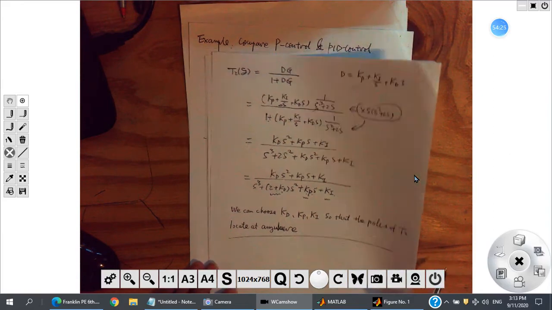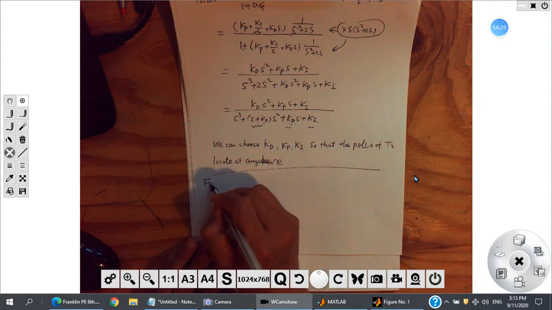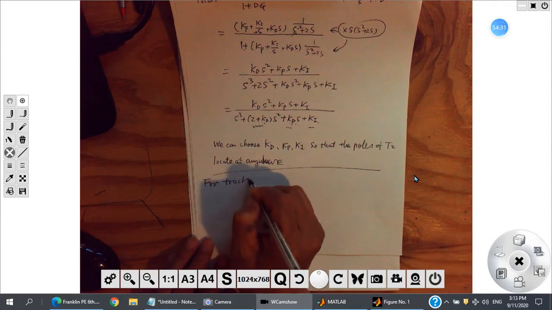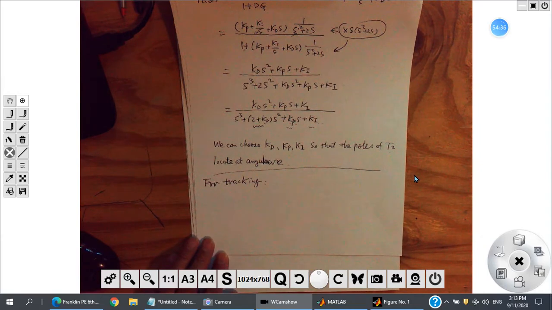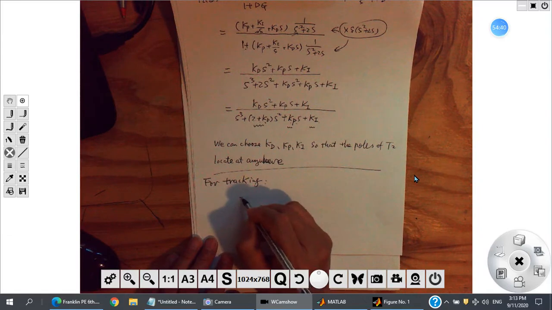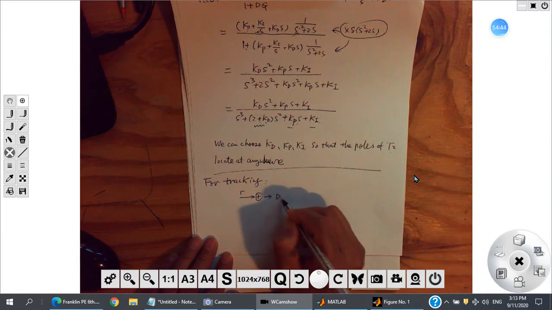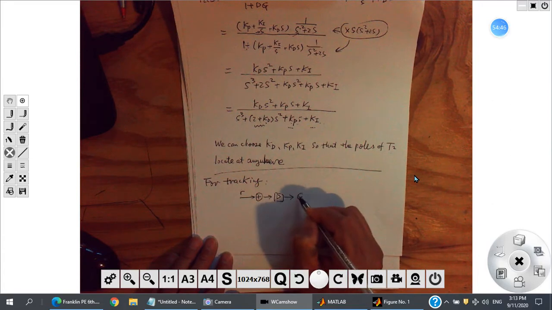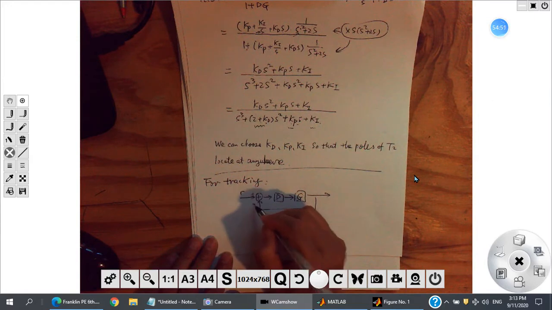This is one thing. Secondly, for the tracking, similar thing. We have R as input, D, then G, and this is the feedback, plus and minus, this is y.